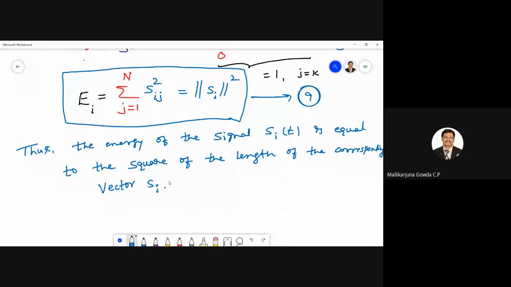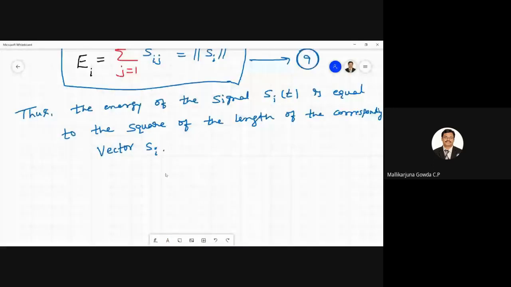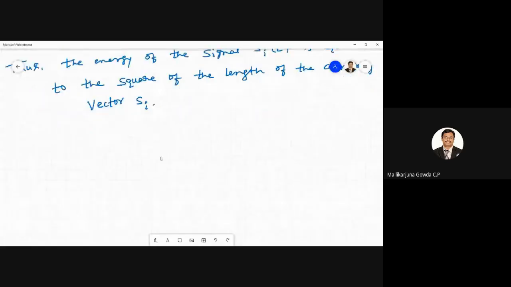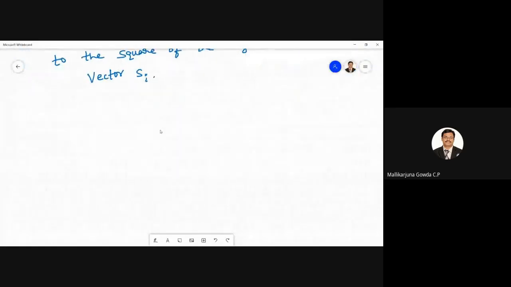To continue with this, in the last equation I showed how the energy of the signal is related to the squared length of the signal vector. In the same way, you might have studied about the Euclidean distance also.